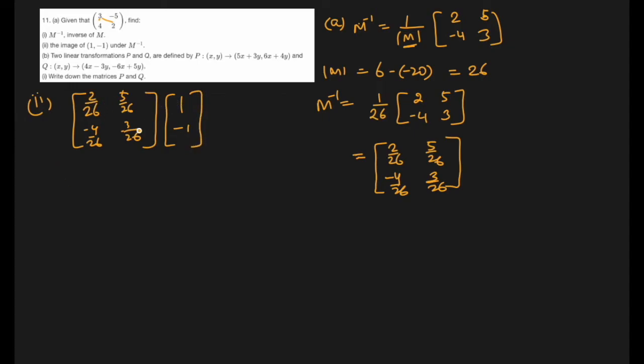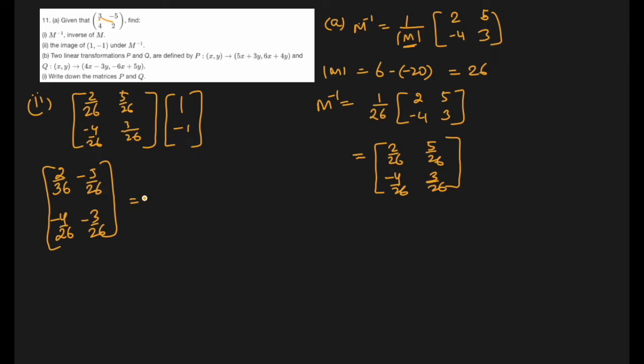So 2 over 26 times 1. Okay. 5 over 26 times minus 1 becomes minus 5 over 26. Second, minus 4 over 26 times 1. And is it negative 3? No, it is not. It's just 3. 3 over 26 times minus 1. So minus 3 over 26.